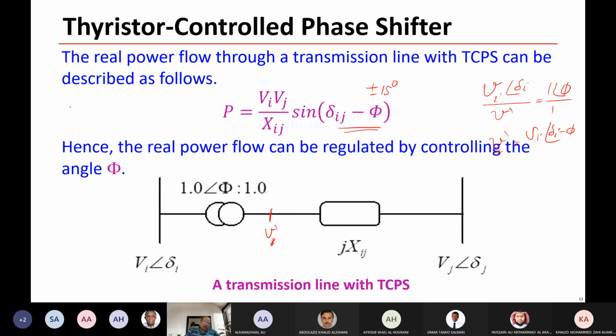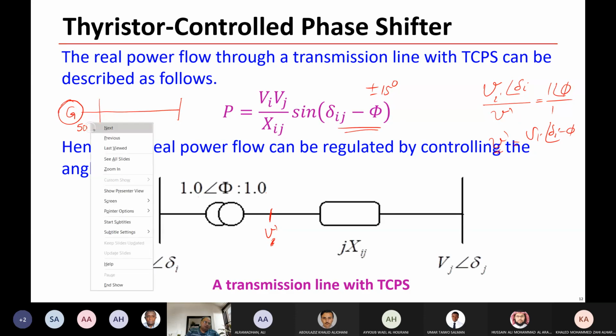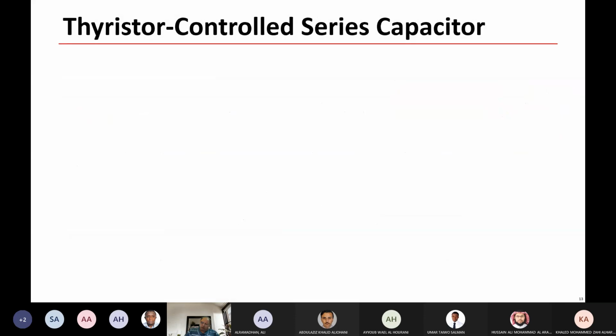This is the generator and this is a transmission line, right? So you assume the generator has 50 megawatt. Okay, this is 50 megawatt. So what do you want to do now?